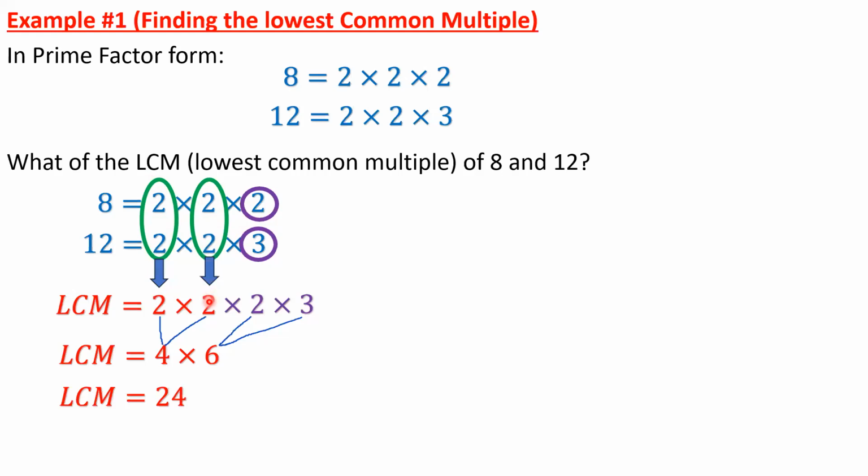But we still have to include the 2 and the 3, so we just bring them down. 2 times 2 times 2 times 3, and then we multiply. 2 times 2 equals 4, and 2 times 3 equals 6. And then we multiply 4 times 6, which equals 24. Very, very good explanation, China.